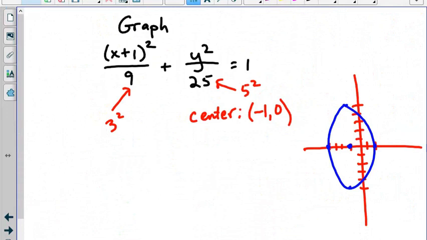So that's kind of what our graph looks like. If we wanted to find vertex points, they would be at negative 1, 5 and negative 1, negative 5. If we wanted to find covertex points, the covertices would be at 2, 0 and negative 4, 0.